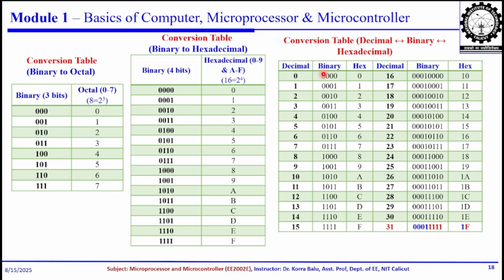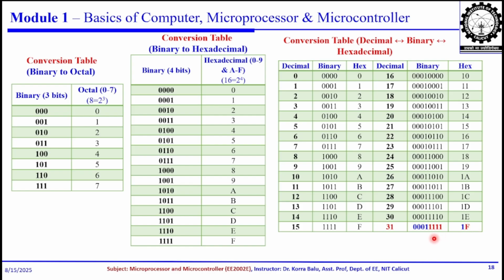From the conversion table, we will go from decimal to binary and hexadecimal. So the decimal number system represents 0 to 15, and in hexadecimal 0 to 9 are numerical values and A to F are alphabetic values. So hexadecimal is an alphanumeric system, and in decimal we represent 10, 11, 12, 13 up to 31, and location 31 is represented as 1F.